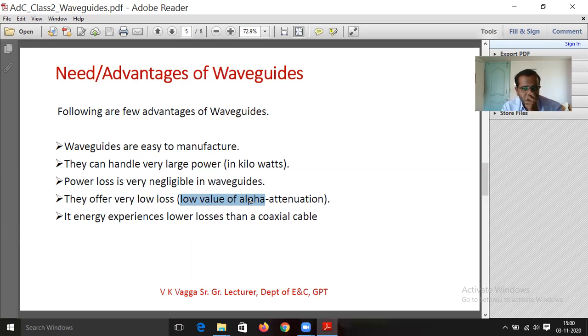I think you know about alpha, beta and all that. It is nothing but the attenuation factor, output by input. It is going to be a very low value here, so the power loss is also very less. And compared with the other transmission lines, its losses are very very less. So all these are the advantages of the waveguides here.